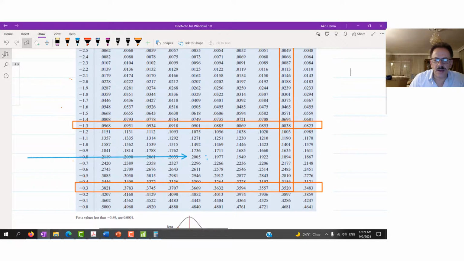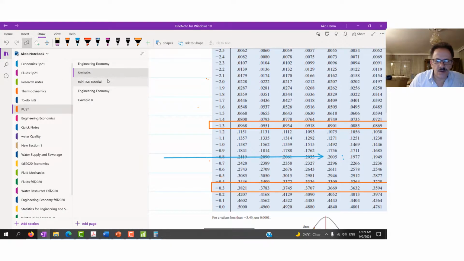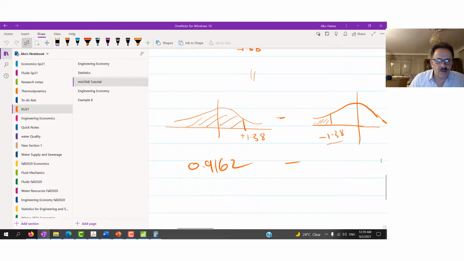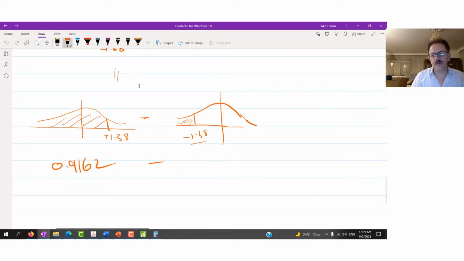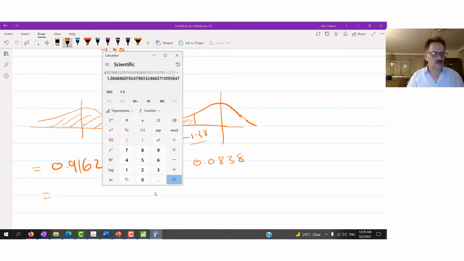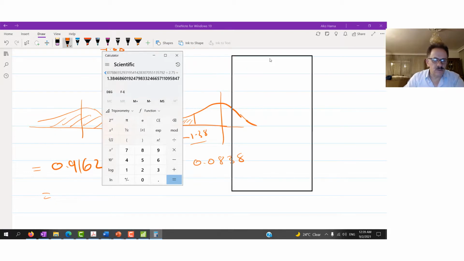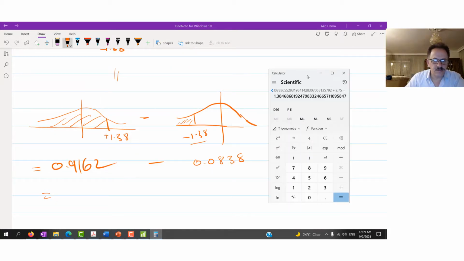It will be 0.0838. So what will be the result?